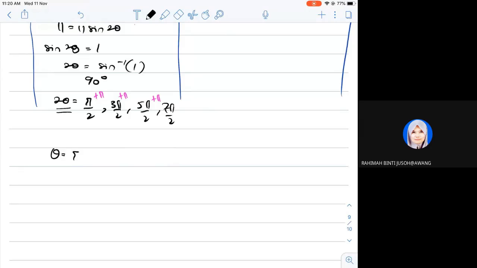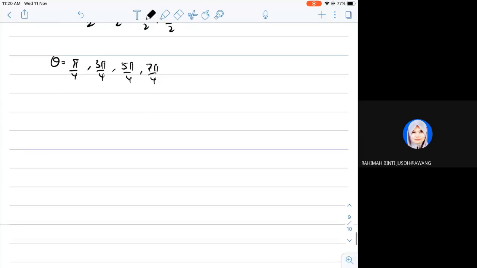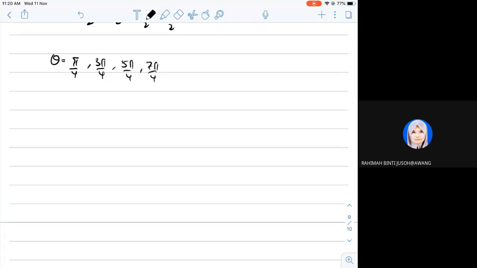We have pi over 4 and then 3 pi over 4. 5 pi over 2 divided by 2 is 5 pi over 4 and then 7 pi over 4. Okay, so now these are the angles where the petals are located. Okay, ini adalah sudut-sudut yang mana petal tu berada.